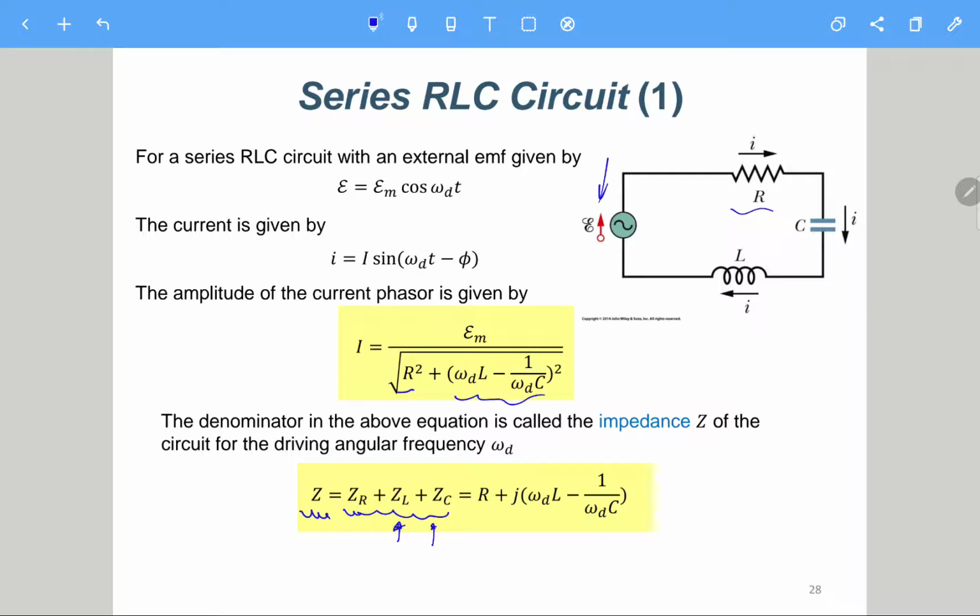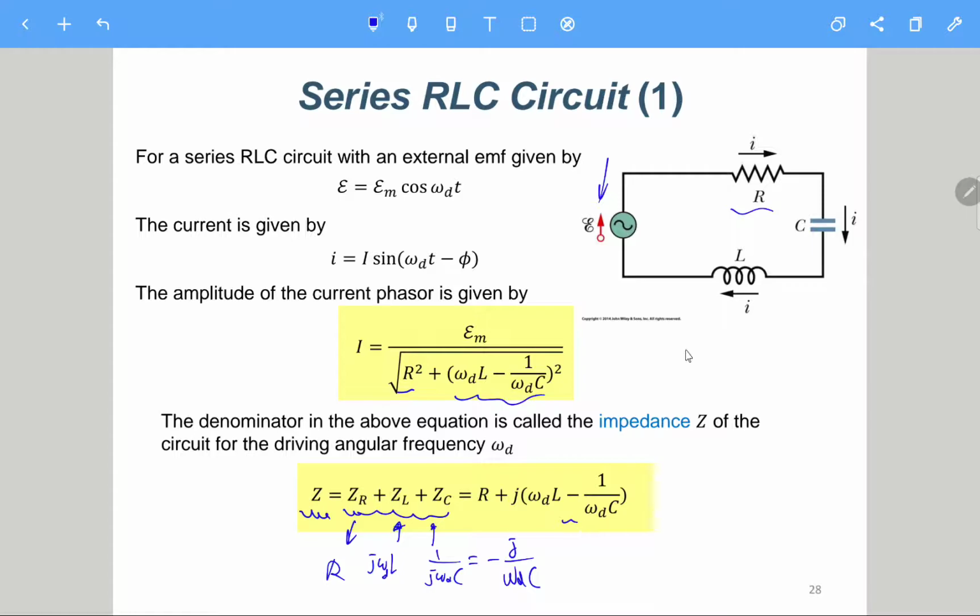But now I just tell you that the impedance ZR should be R, and then ZL should be j omega L, and then ZC is 1 over j omega C. So when we just add them together, the real part will be R, and the imaginary part, we have j omega L. We have 1 over j omega C. So if we just multiply j on top and at the bottom, we will have minus j over omega C. So we have this minus sign here.